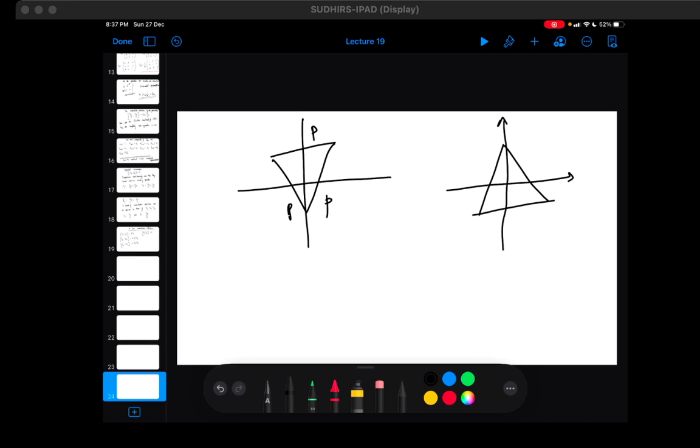P is equal to 1 in this case and Q is equal to 0. In this case P is equal to 0 and Q is equal to 1. This is the anti-fundamental representation, whereas this is the fundamental representation. So 3 is PQ equal to 1, 0, and 3 bar is equal to 0, 1.